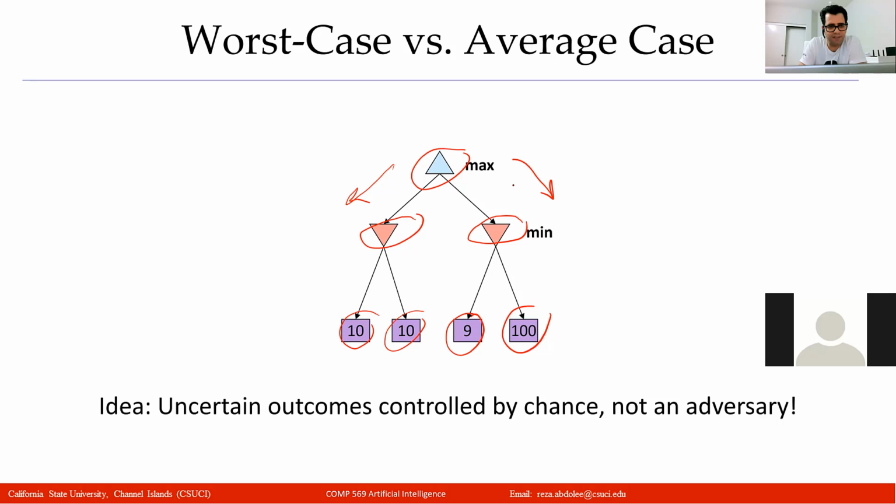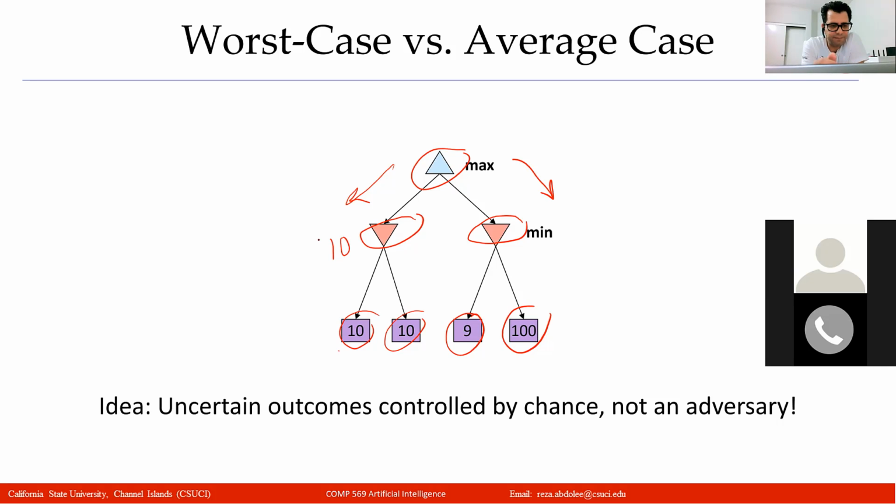To do that, we first simulate the minimizer, the adversary. So what is he going to do? Between these two objectives, the minimizer has only one choice, so he chooses 10. And between these two, he definitely will choose a value of 9, trying to minimize that utility.